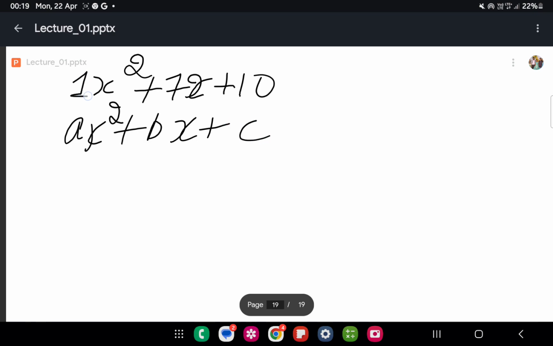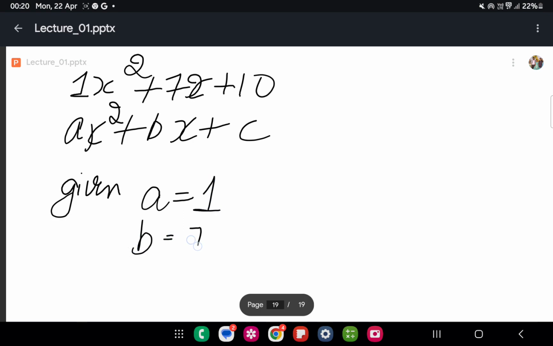Nothing is written, so we consider 1 as the coefficient of x square. Given: a equals 1, b equals 7, c equals 10. Apply the formula here for the sum of the zeros.